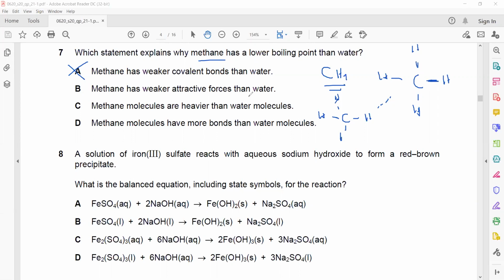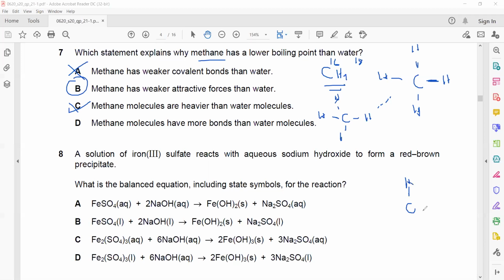Methane has weaker attractive force than water. That's why it has a low boiling point. Methane molecules are heavier than water molecules? When you find the mass, 12 plus 4, 16 is there, and water you'll find is 18. So that's also wrong. Methane molecule has more bonds than water molecule?